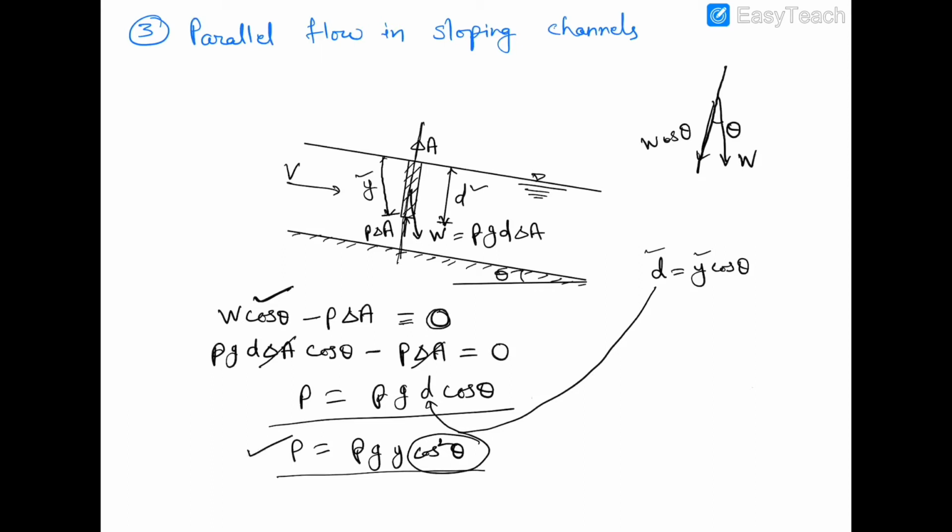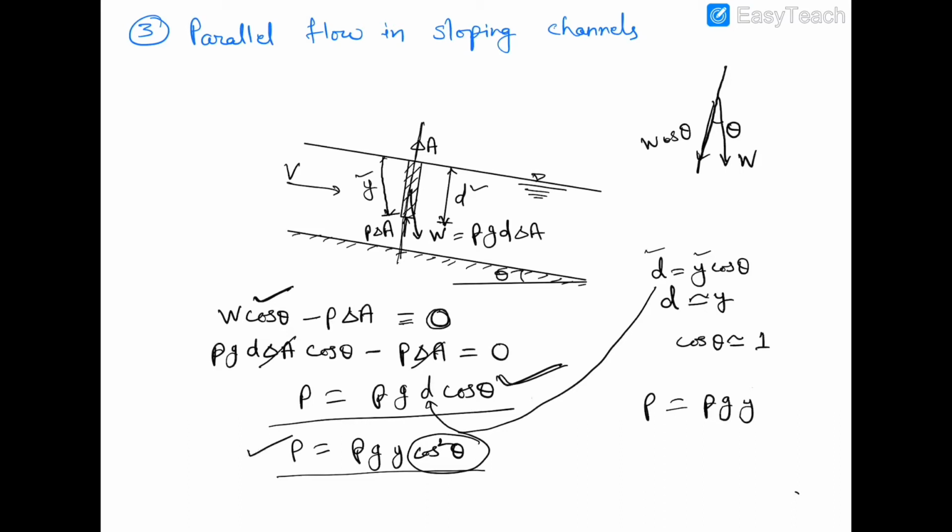However, the bed slope we provide to the channel is usually very small. So cos theta is approximately equal to 1, we can consider. So this d will be approximately equal to y. So substitute all these values in this equation, then P will be equal to rho g y.